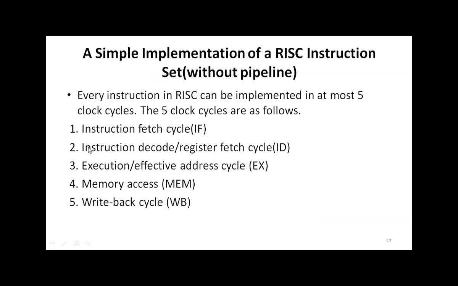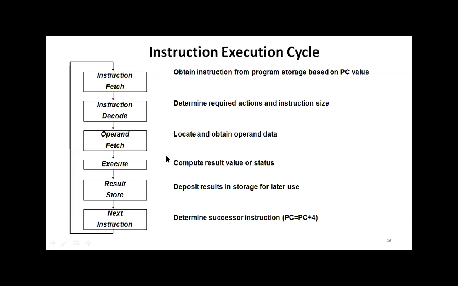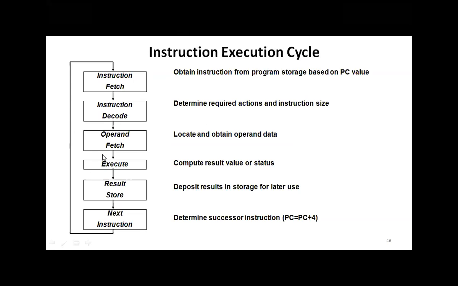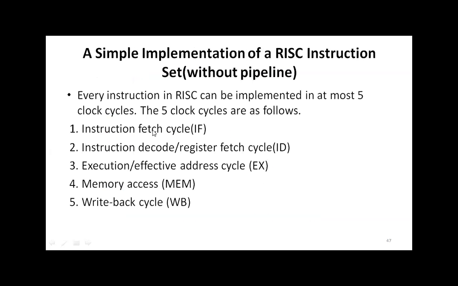You can see both things are done here in the second step. But here you see instruction decode is in one stage, then operand fetch in the second phase. But in RISC architecture these two are combined here. This is for the RISC architecture, this is for the general case. In general these things happen, but depending on the different types of architectures, these are used based on the architecture.